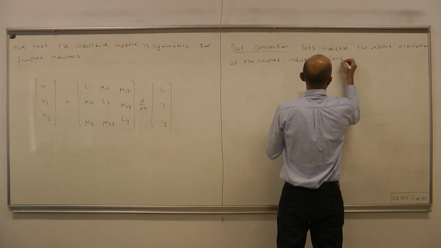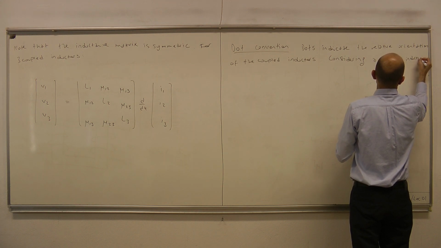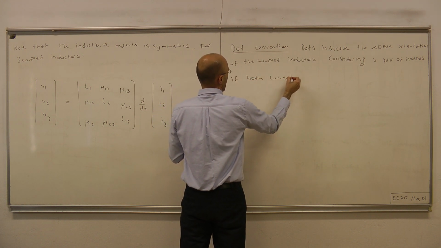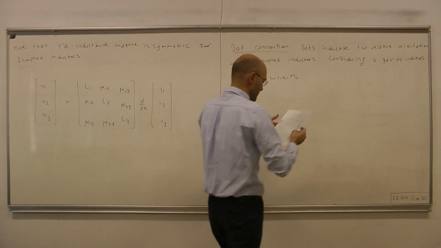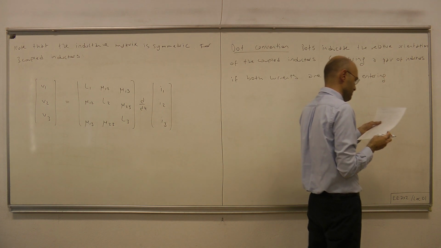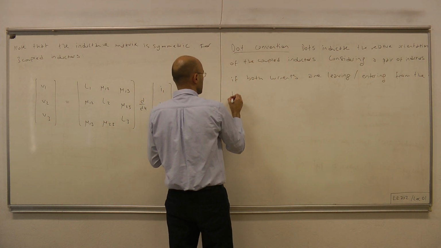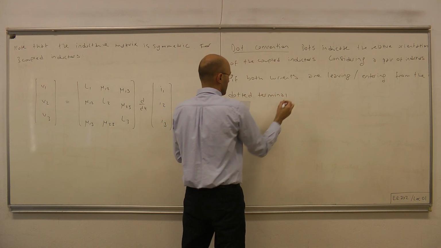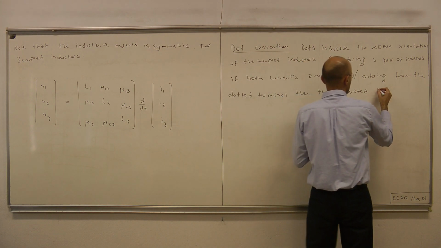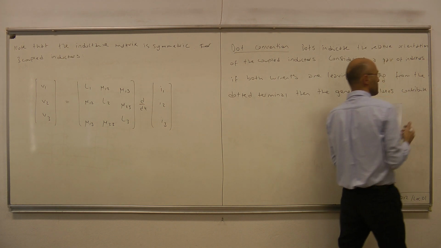in the following sense: considering a pair of inductors which are coupled, if both currents, I1 and I2, let's say, are entering the coil from the dotted terminal, then the generated fluxes contribute to one another.